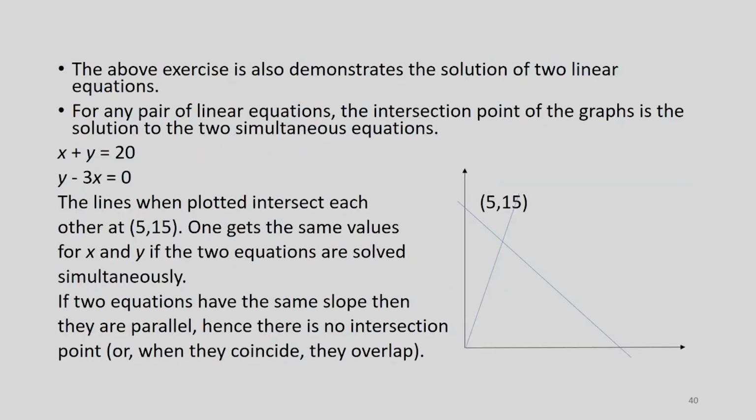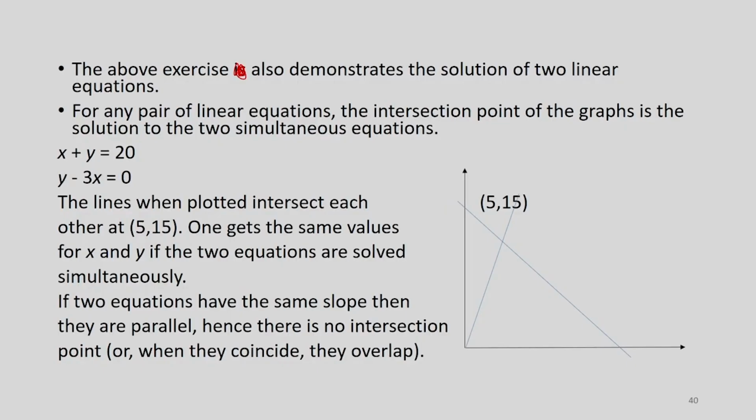Okay. The above exercise also demonstrates the solution of two linear equations. For a pair of linear equations, the intersection point of the graphs is the solution to the two simultaneous equations.